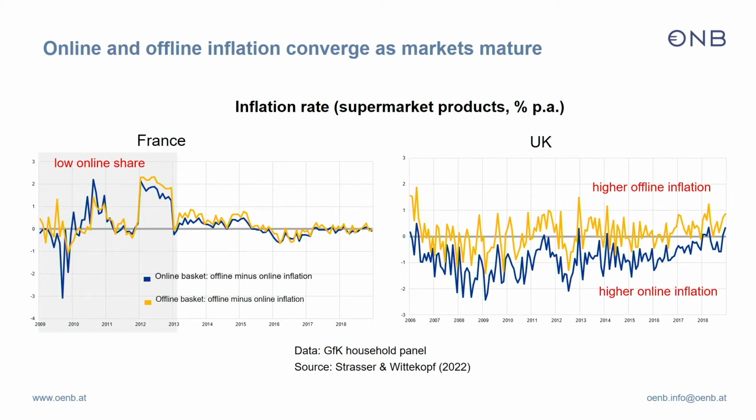I mean, in France, from the period that the online share is significant in the sample, before 2013 it was a very low online share, but after that, subtracting online minus offline prices, it's always near the zero line, meaning there is not much difference for France and the UK as well. This is, by the way, in contrast to some of the literature out there that says that online prices are actually lower than offline prices. In this data, we don't find that.